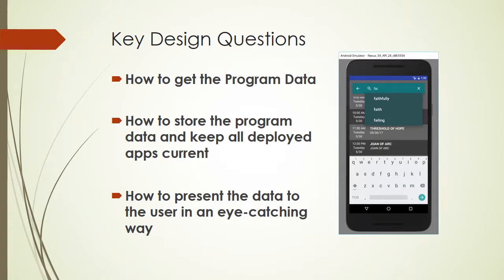So the solution to that is to have a separate server managed by me, and so I get the data from the TV station, I post it to my server, and then the apps come to me to get the data. The disadvantage for that is I have to keep that server up, and I can't go on vacation, and I can't get sick for a long time, or the apps won't work.